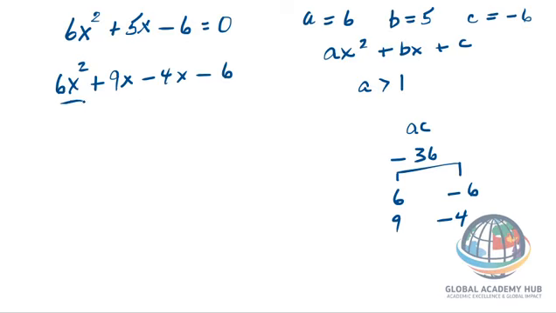So if I look, for example, right here, I can factor out a 3x. So 3x, and this becomes 2x plus 3.